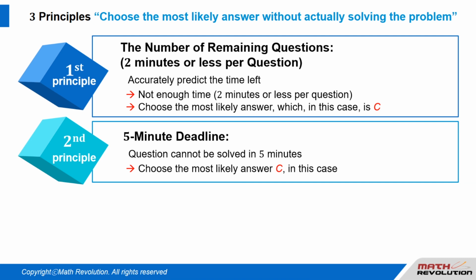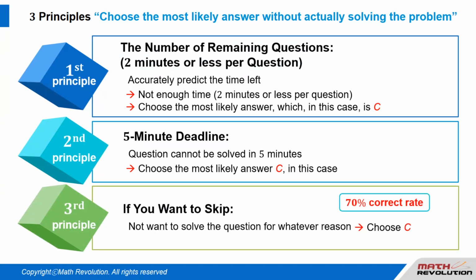If you are unable to answer the question within the 5-minute deadline, consider choosing the most likely answer, C. Third principle, just want to skip. If you want to skip the question for whatever reason, choose C. In the original condition, we need two equations, so it is about 70% likely that C would be the answer. On the actual exam, be sure to pick C.